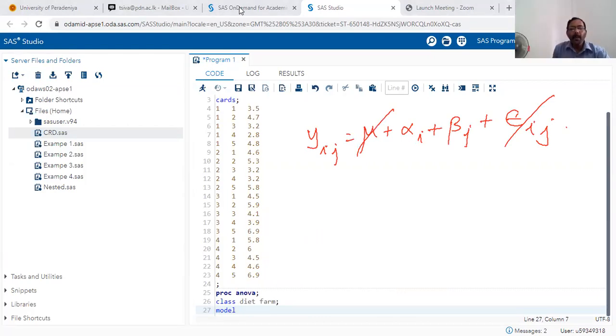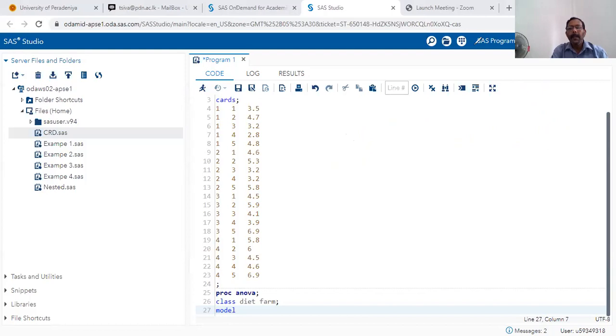Here we cannot call it treatment; diet and farm. We know the treatment means diet, and farm means block. I'm going to include that. We can include diet and farm.